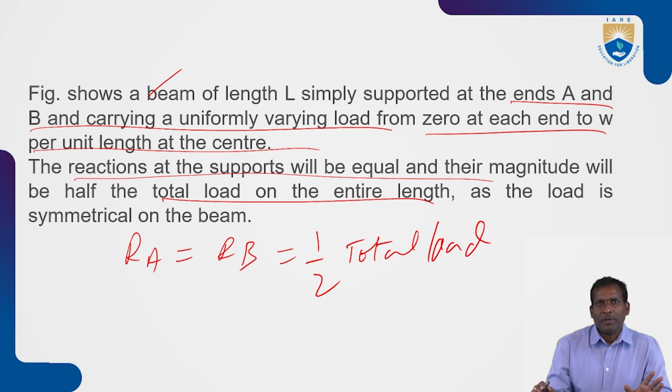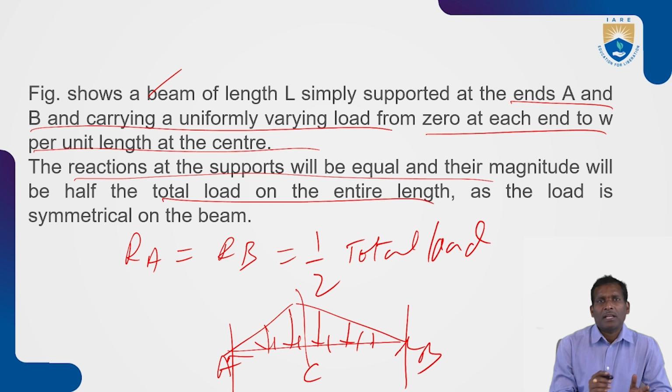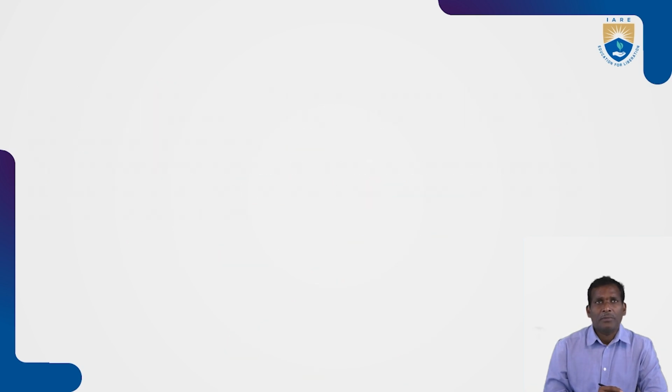As the load is symmetrical on the beam, the reactions are equal. So this is symmetrical. First calculate the total load. If you don't know the total load, you can't calculate the reaction forces RA and RB.